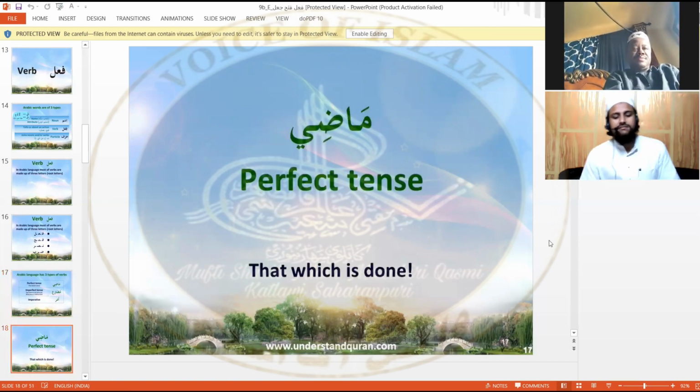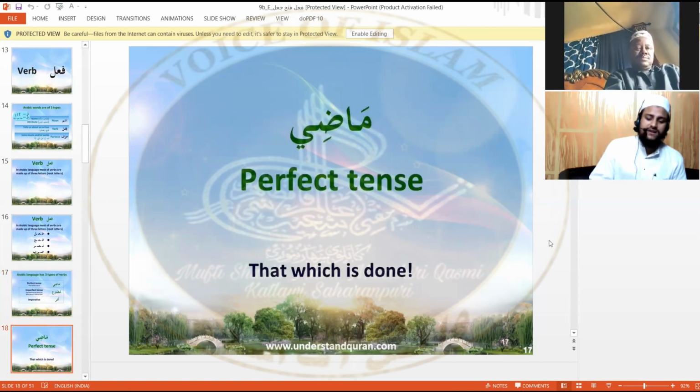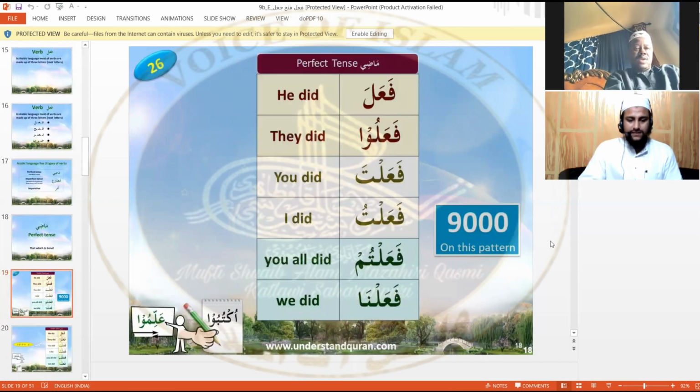So let's learn Madi. What is Madi? Perfect tense, that which is done. Now, this is the pattern, and you have to do it with action after me, and we will translate the words also. And the action is just similar to huwa.